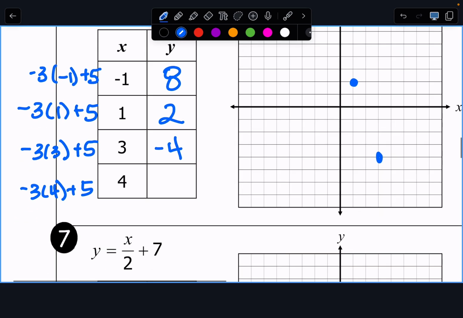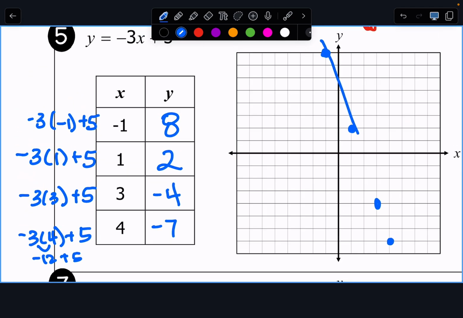Okay. Negative 3 times 4 gets us negative 12. Plus 5 would be negative 7. Oh, hey. Look at these coordinates making a line. That's what we like to see.